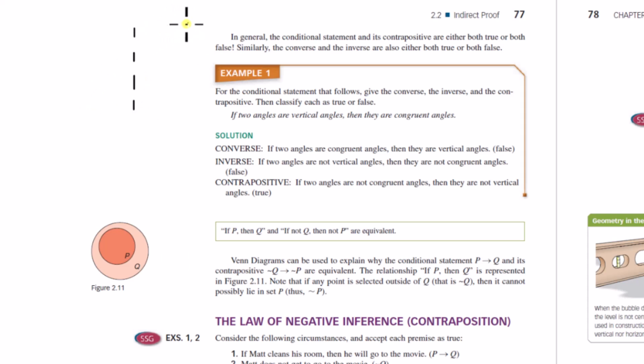If the original is true, then the contrapositive is going to be true. If it's false, the contrapositive is going to be false. Same idea with the ones in the middle: either both are true or both are false. Just because two of these are true doesn't mean that the other two have to be false.